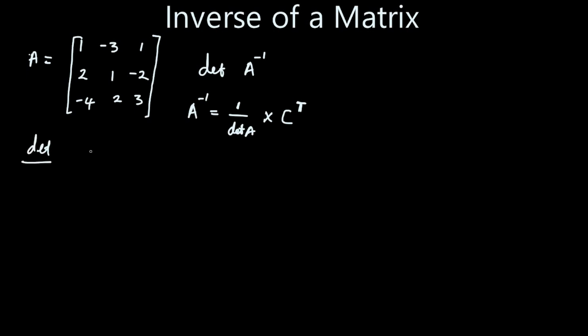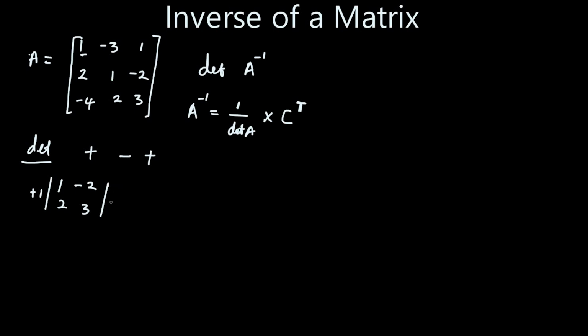So first things first, the determinant. For the determinant, we remember our signage: plus, minus, plus. Then we pick 1, which is a positive 1. We close the row and the column that contains 1. We remain with 1, minus 2, 2, 3. Then the next one is minus 3.